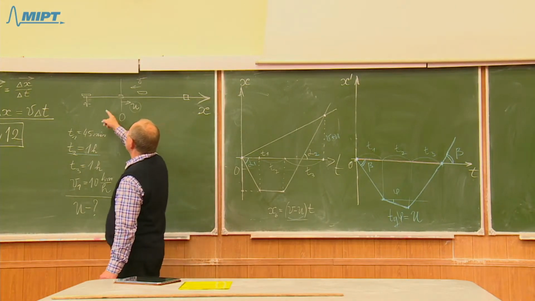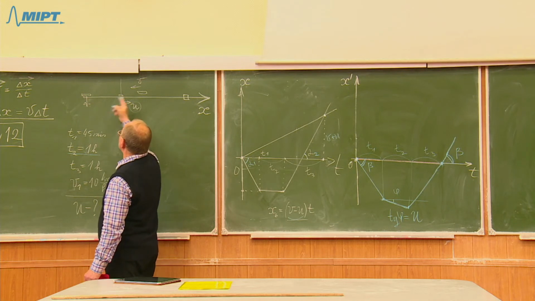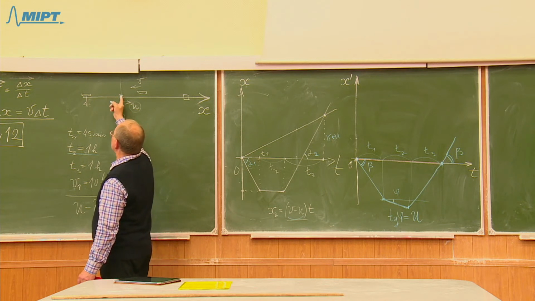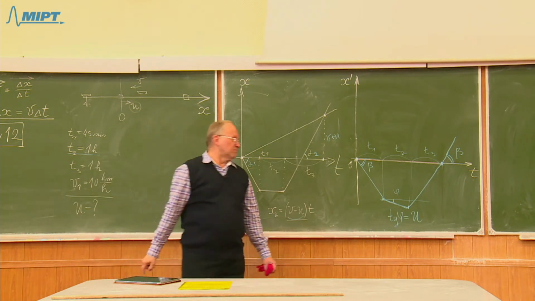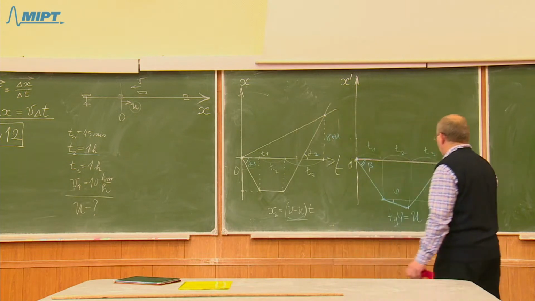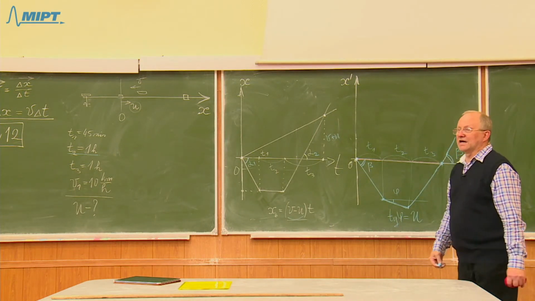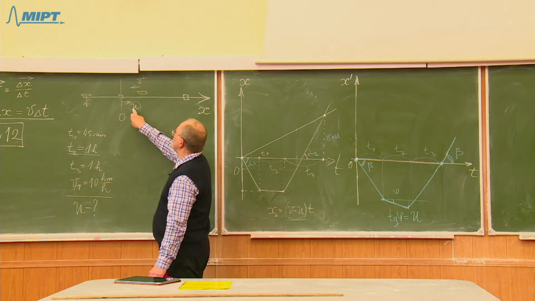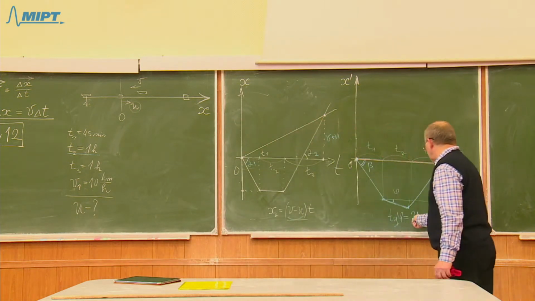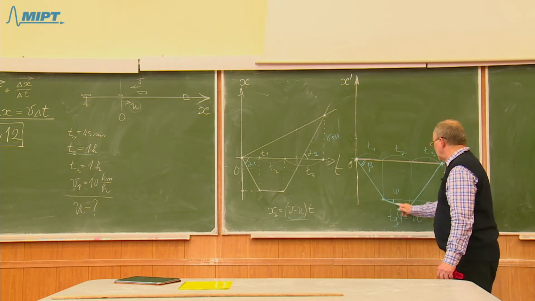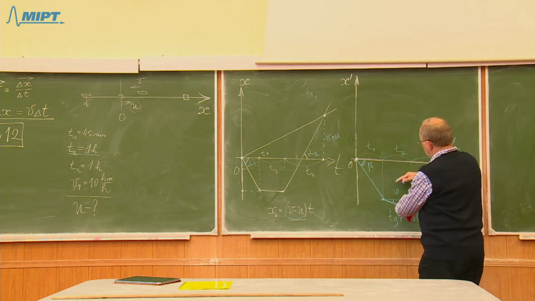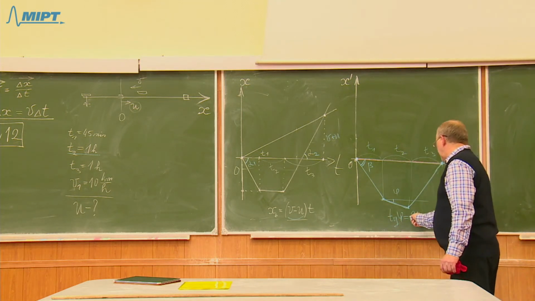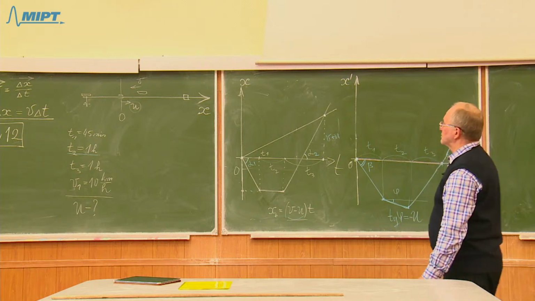So the velocity of the raft with respect to the boat was equal to the velocity of river flow, and the velocity of the boat with respect to the raft was the same, but with opposite sign. If we are careful about signs, and the sign of this speed here is positive, then the sign of this speed here shall be negative, because the tangent of this angle is negative, and the motorboat goes in a different direction.